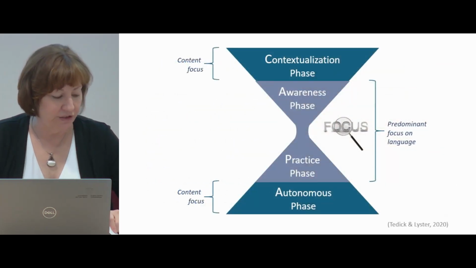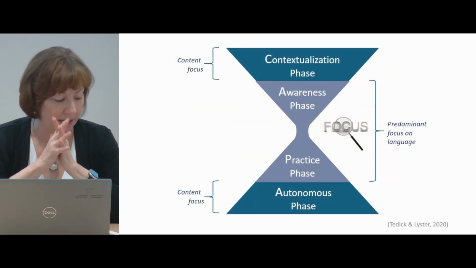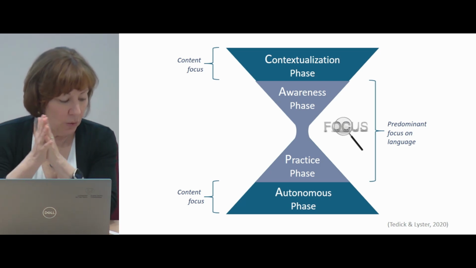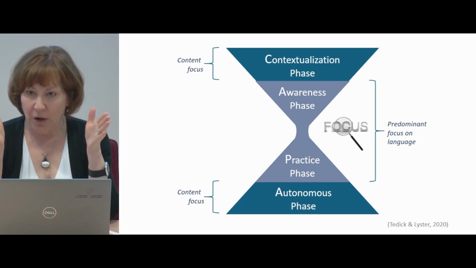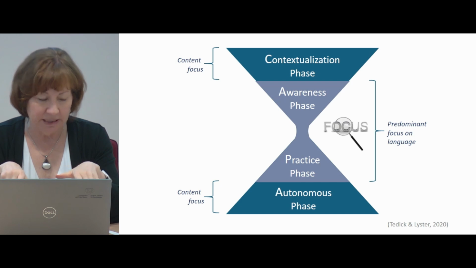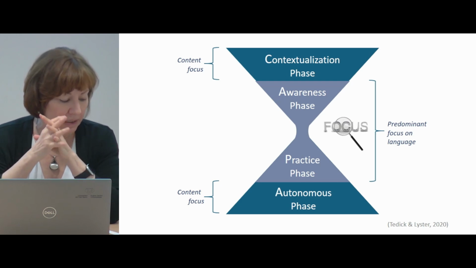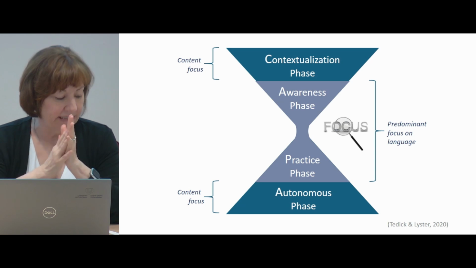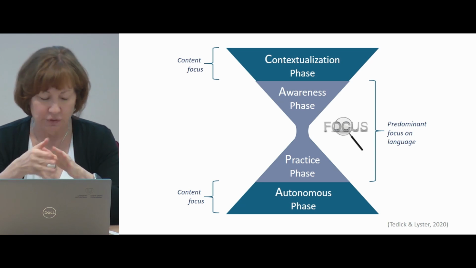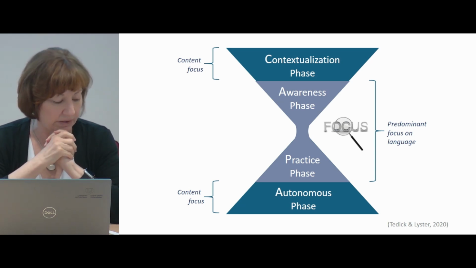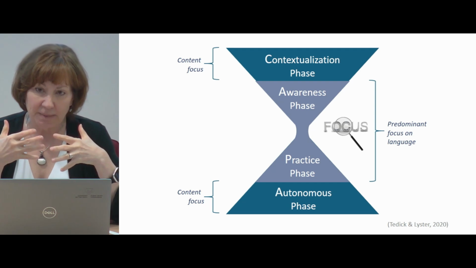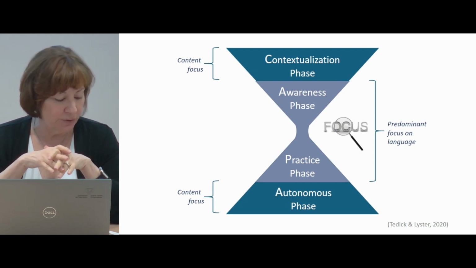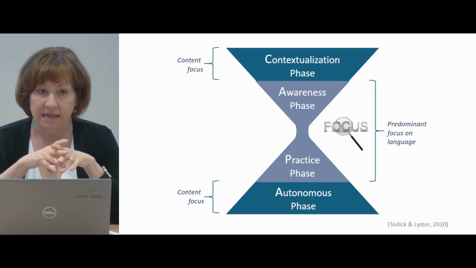Okay, let me summarize just briefly again how the Kappa model works. So this figure shows how the model fits into Gibbons' hourglass model, and it allows for variable emphases to be placed on content and language, as illustrated here in the hourglass figure. It begins with that primary focus on content and then zooms in on language during the awareness and practice phases.